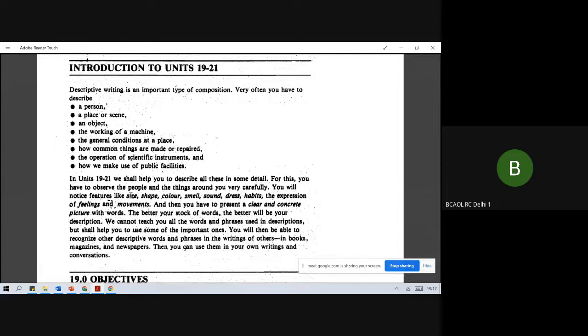In previous classes, we were talking about the different forms or formats of writing composition. Especially, we discussed expository writing, where you have to explain things. You have to provide the information simply. You don't have to do anything else or provide other logical information, rather you just provide new information to your reader.